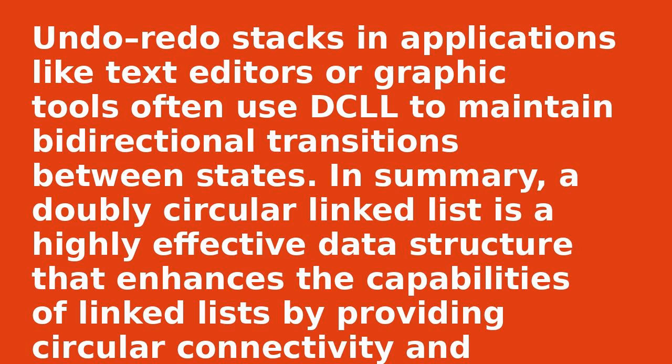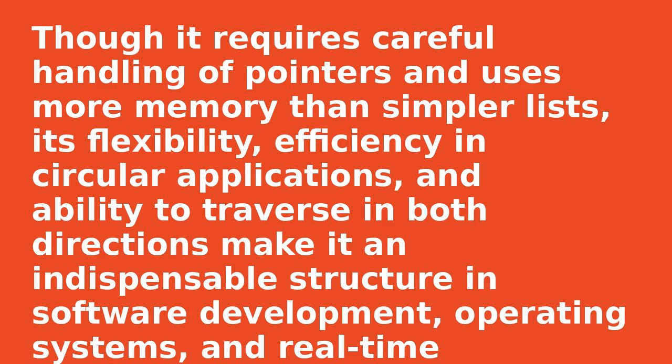In summary, a doubly circular linked list is a highly effective data structure that enhances the capabilities of linked lists by providing circular connectivity and bidirectional traversal, though it requires careful handling of pointers and uses more memory than simpler lists.